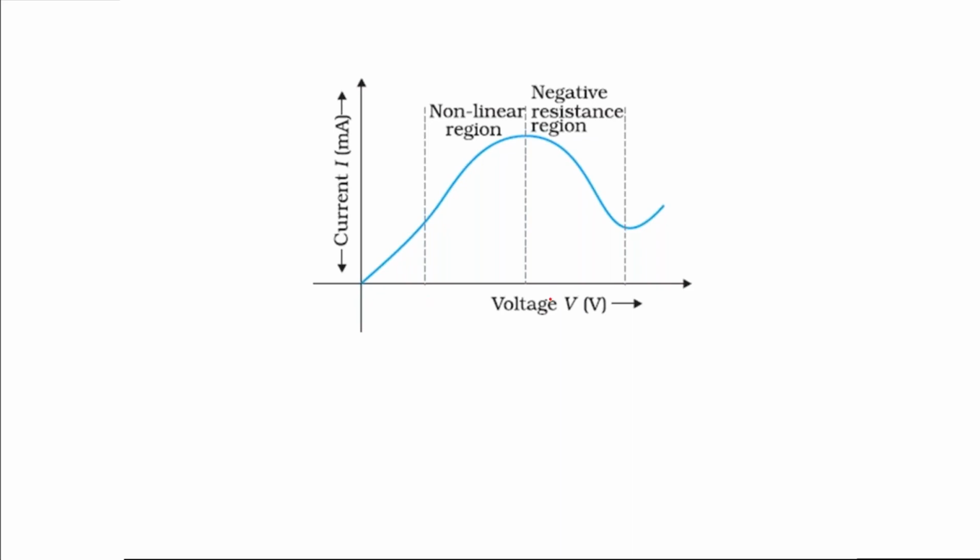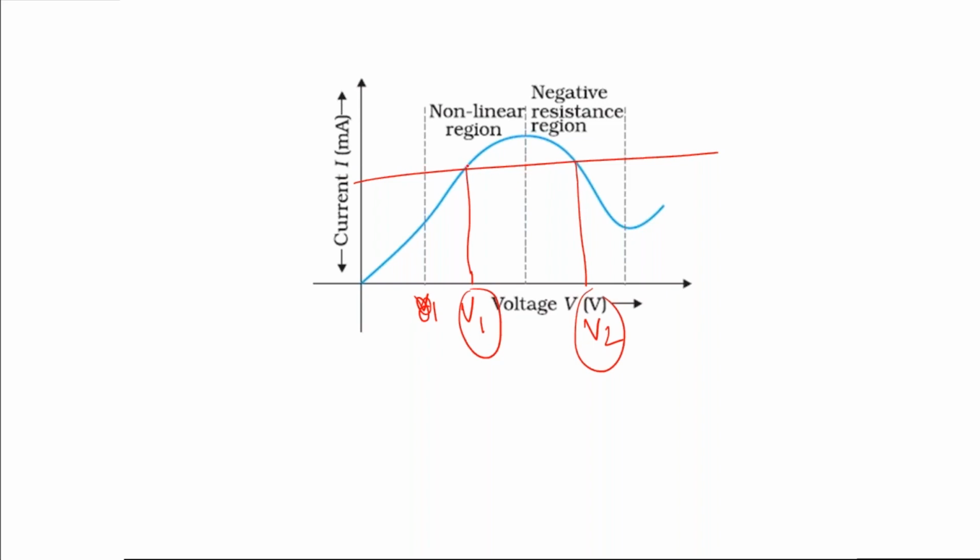For a different value of voltage, suppose this is V1, and another voltage, V2, you get almost the same current here, right? Almost the same current, but for two different values of voltage.